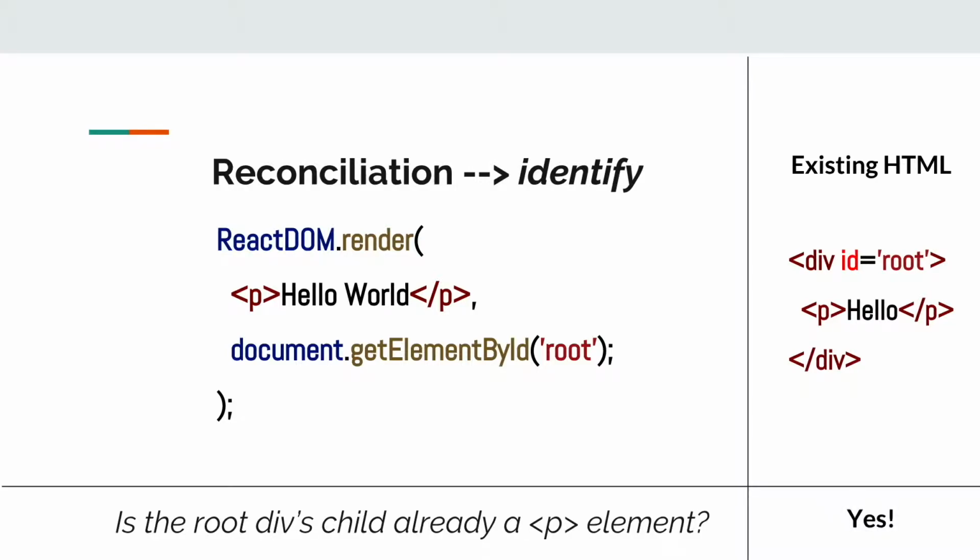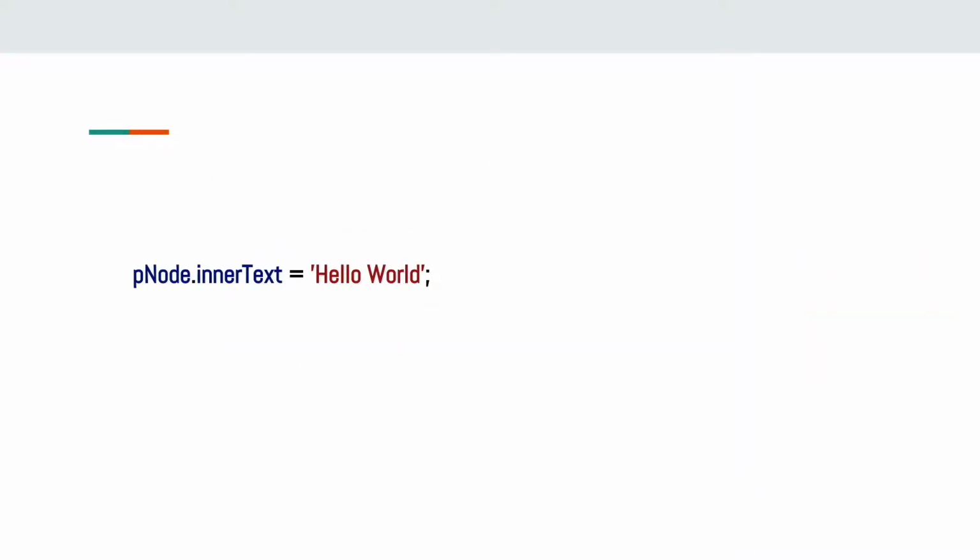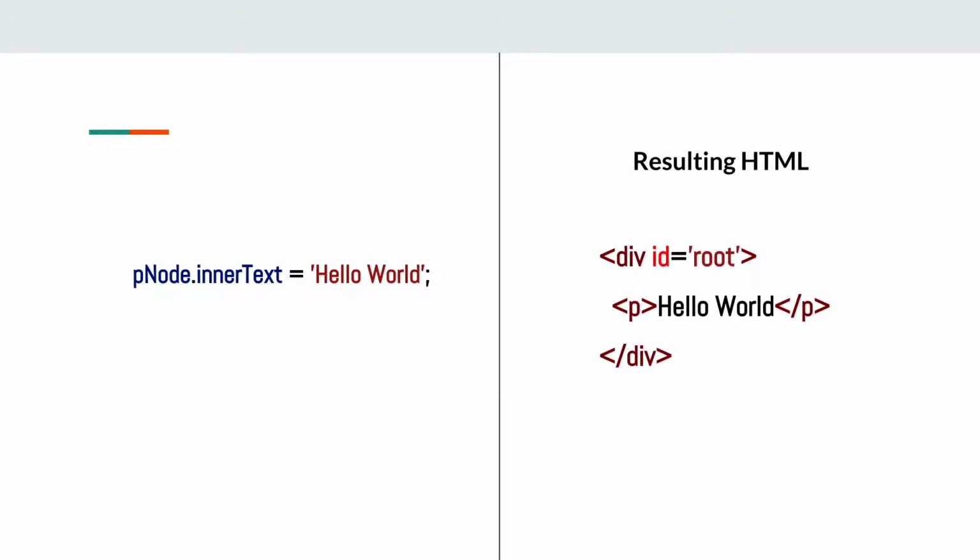Therefore, instead of having to destroy that existing node and recreate a new one, React knows to call the more efficient setter of the inner text. It calls pNode.innerText = 'hello world', and there you go, the DOM and application update. Therefore, React doesn't need to blow away the contents of the root DOM node you're already inserting into. It can efficiently update the existing child. But this only works if the element types are the same.